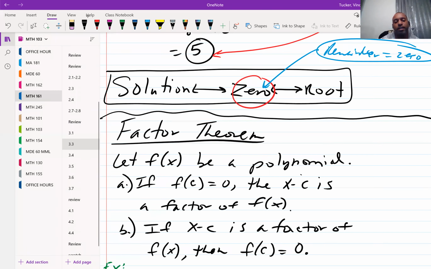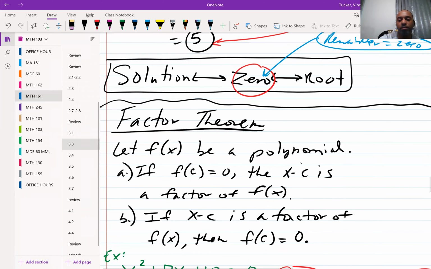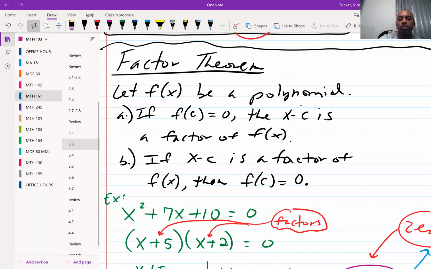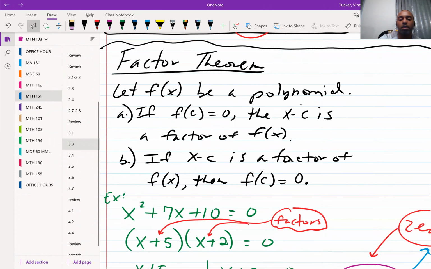And if x minus c is a factor of f of x, then f of c is equal to 0. So it's telling you either way. If you find out it's a factor, then that's a zero. If you plug it in and get 0, then x minus c is a factor. In the green, I'm just reminding you what it means to be a factor.